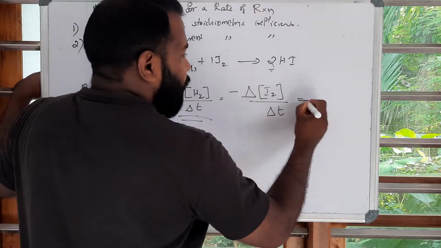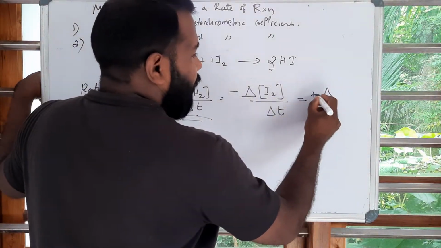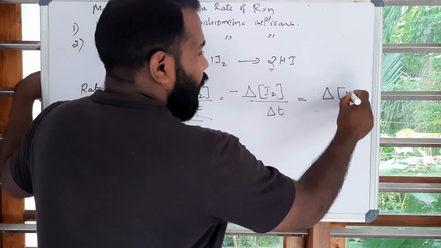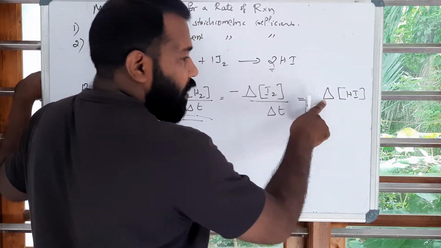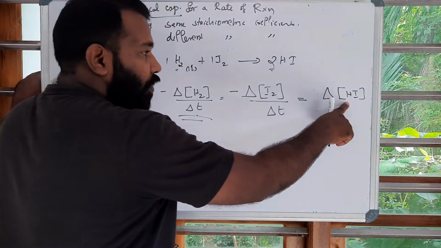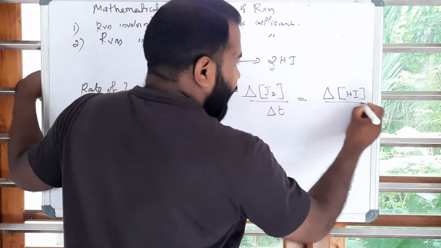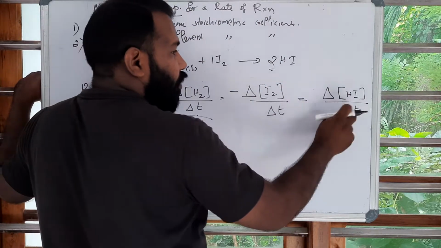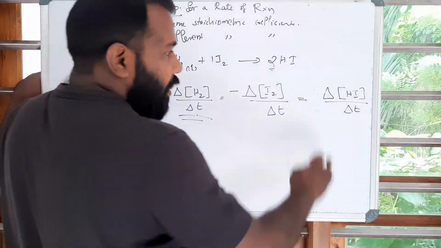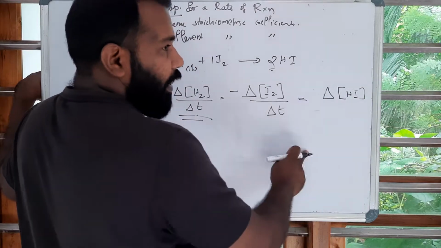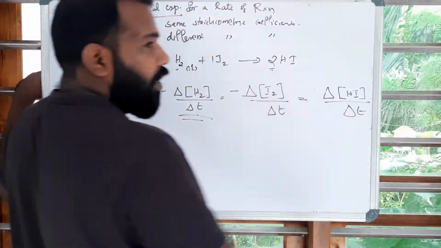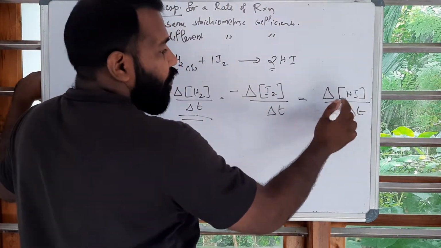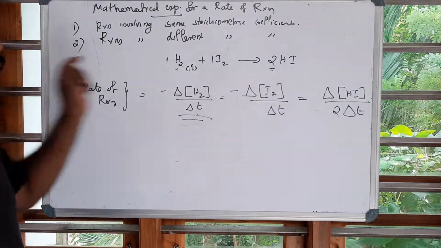That is equal to the change in concentration of hydrogen iodide divided by delta T. This will be a positive sign because it is on the product side. This is the rate of change of concentration of hydrogen iodide, divided by its own coefficient, which is 2.